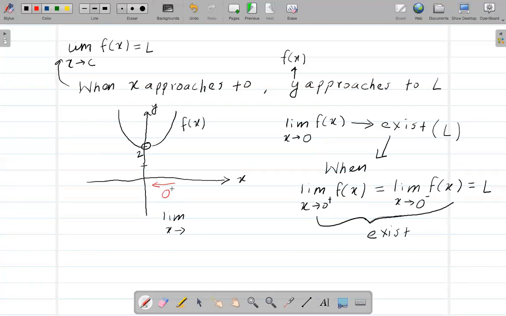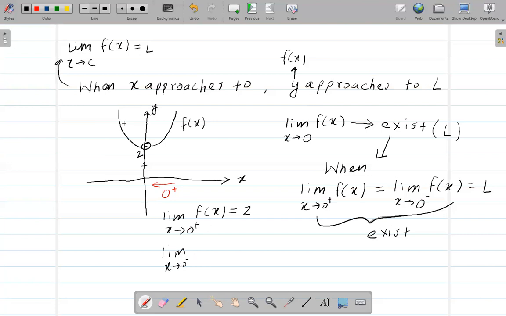And from the right, it's plus. So for the limit as x goes to 0 plus of f of x, the y value is 2, right? Because if x is approaching 0, then y is approaching 2.